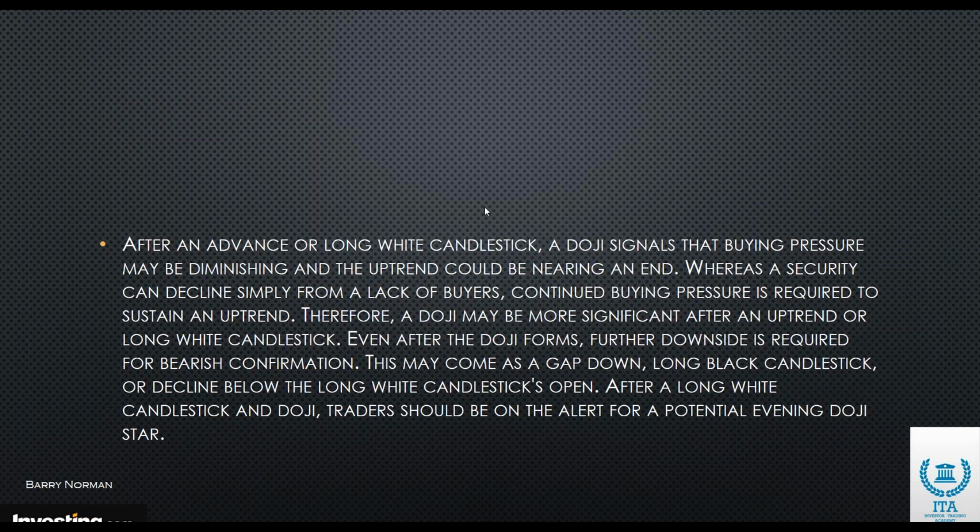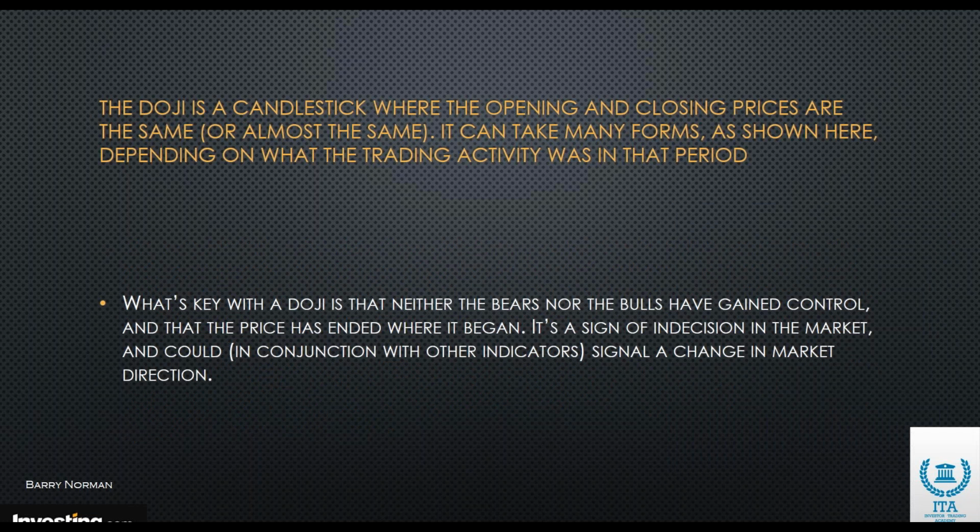Now, after an advance or a long white candle, a doji signals that the buying pressure may be diminishing, and the uptrend could be nearing the end of a trend. What's key is that with a doji neither the bears nor the bulls have gained control, and the price has ended where it began. It's a sign of indecision in the market and could, in conjunction with other indicators, signal a change in the direction.